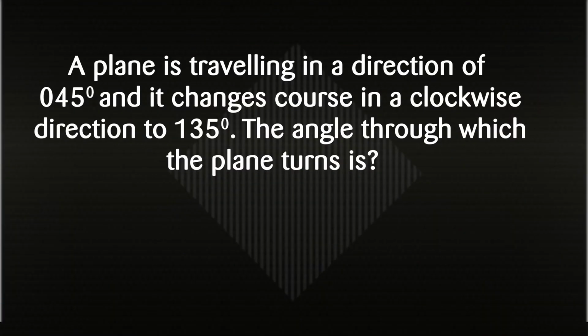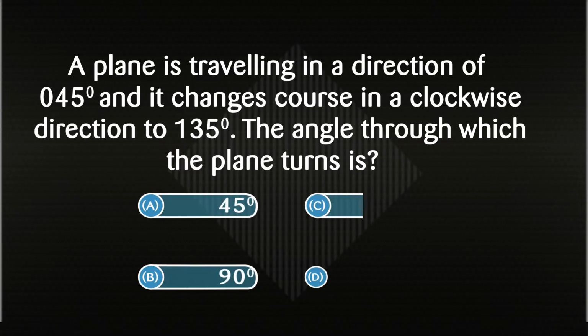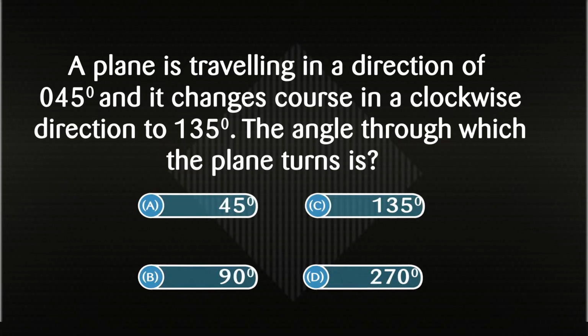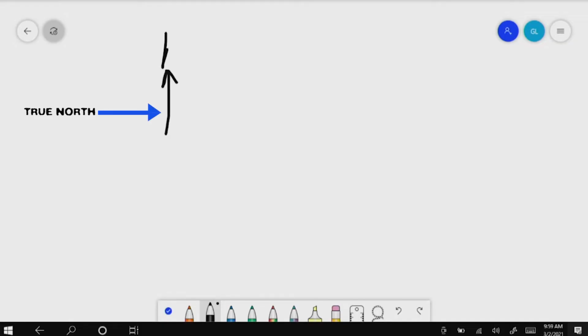A plane is flying in a direction of 045 degrees and changes course in a clockwise direction to 135 degrees. The angle through which the plane turns is? So here we have a reference point of true north.